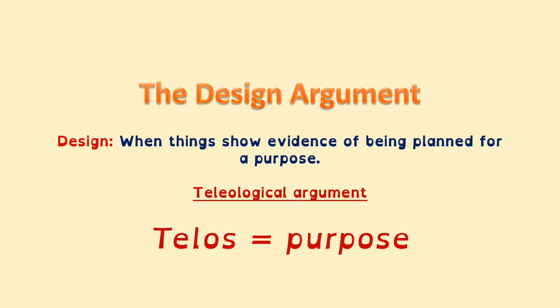So this is taken as evidence that it must have a creator and designer, or God. It is also called the teleological argument. This comes from the Greek word for purpose, telos. In other words, the world appears to have been designed for a purpose.